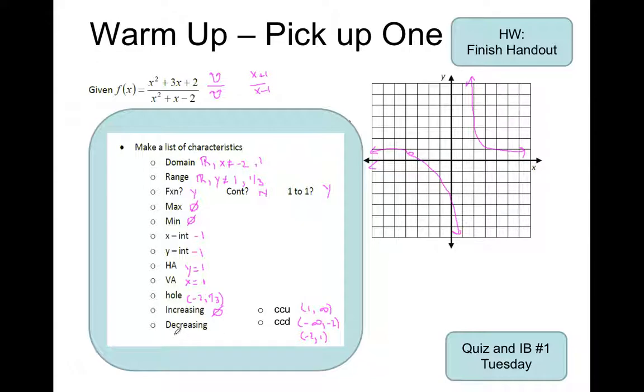But don't forget, you were decreasing from the left side of the domain to the x coordinate of the hole, then the x coordinate of the hole to the vertical asymptote, and then the vertical asymptote to the right side of the domain. Okay? So the characteristic list happened very quickly once I'd done all that other work.